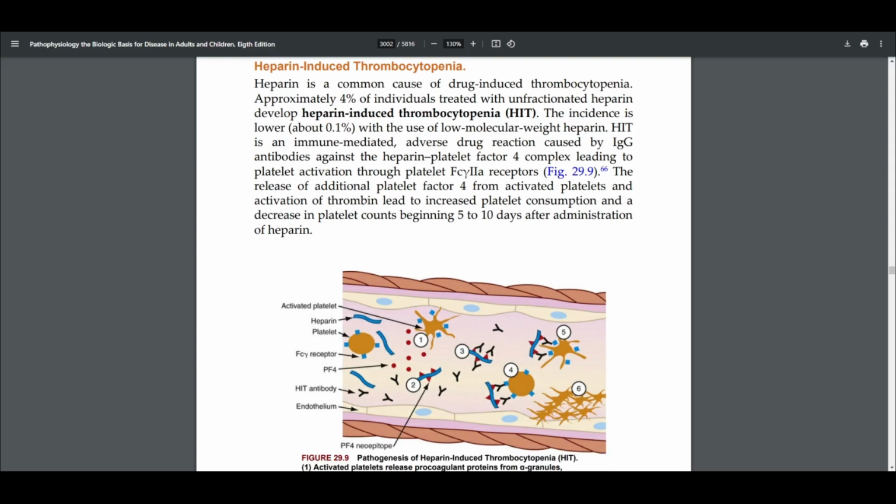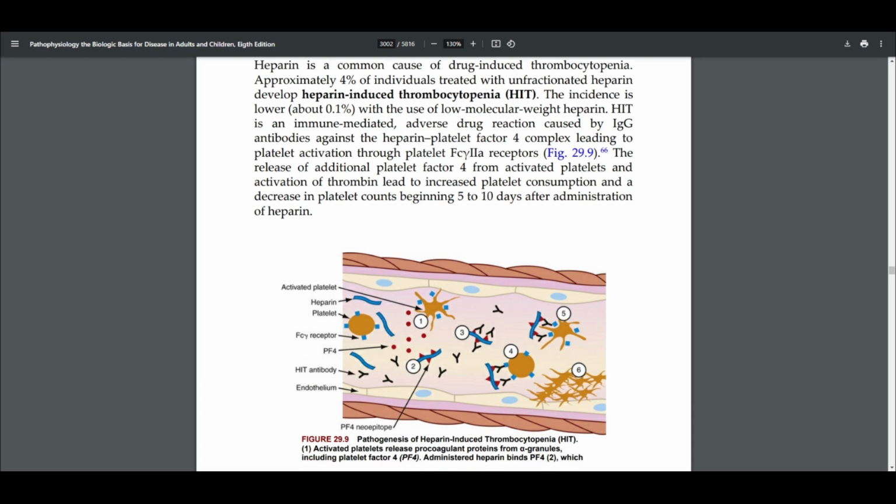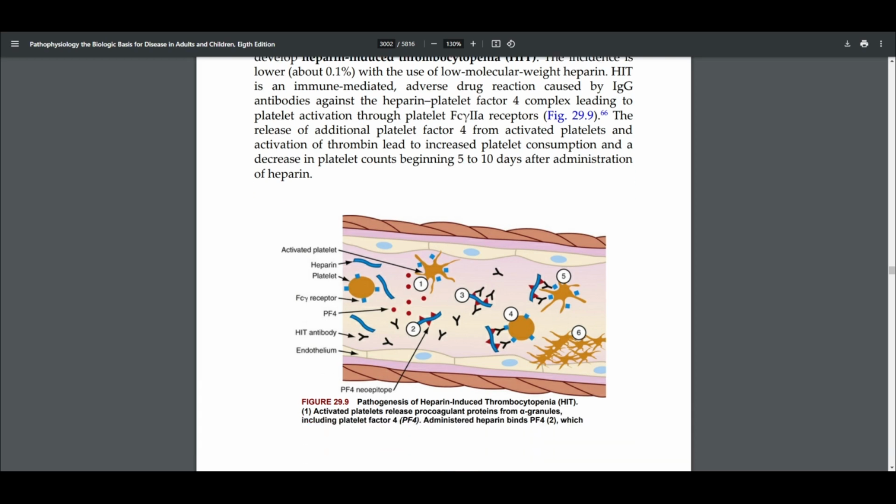The release of additional platelet factor 4 from activated platelets and activation of thrombin lead to increased platelet consumption and a decrease in platelet count, beginning about 5 to 10 days after the administration of heparin.